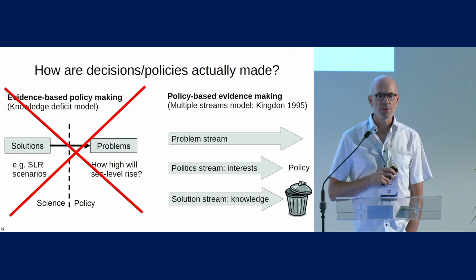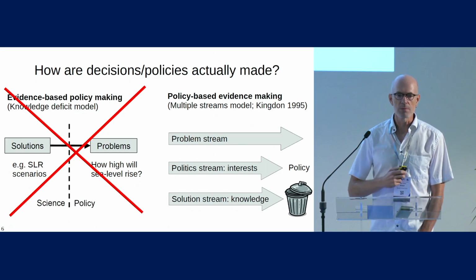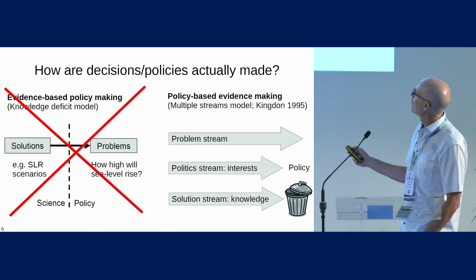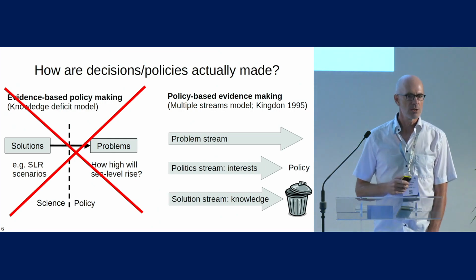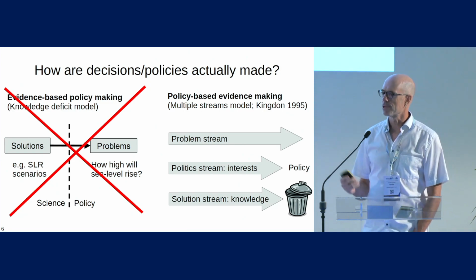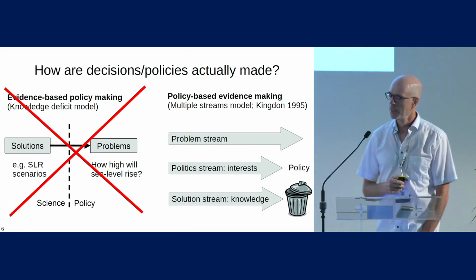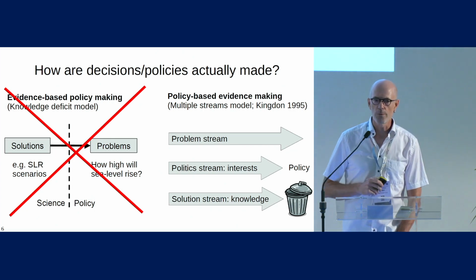Here it shows that we have separate streams. We've got 3 streams with separate people working in those streams. One, we have the problem stream. So this is the real world. This is administration facing some problems, people, society facing problems, for example, flooding. We have the politics stream that runs independent from the problem stream.